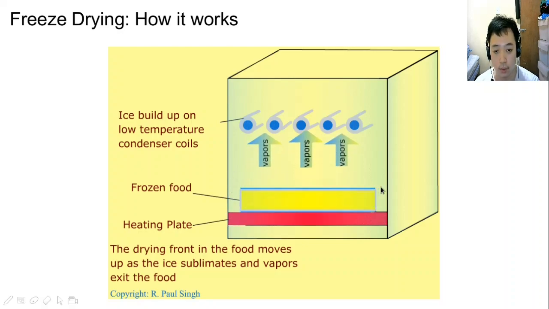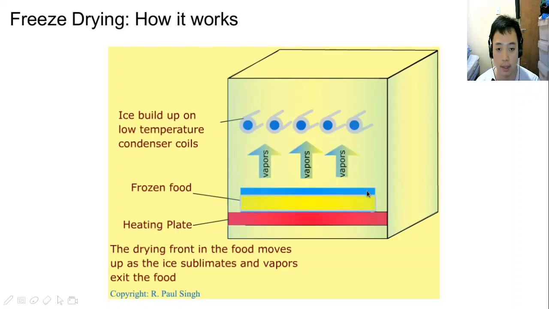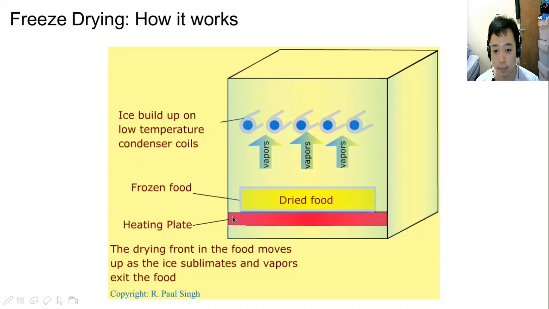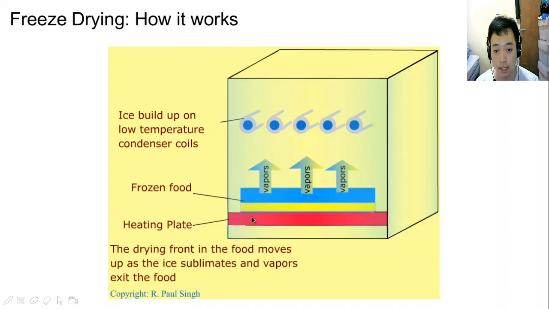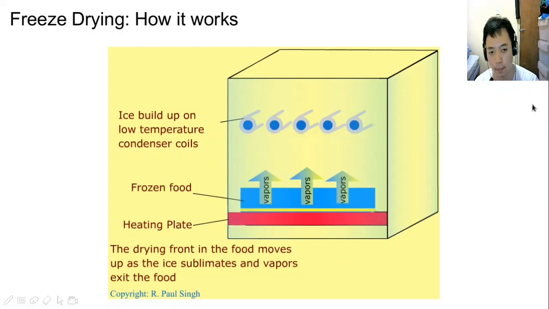So the ice will start to sublimate. It will naturally sublimate, but it takes a long time. So heat will be applied to the product so that it will sublimate faster.